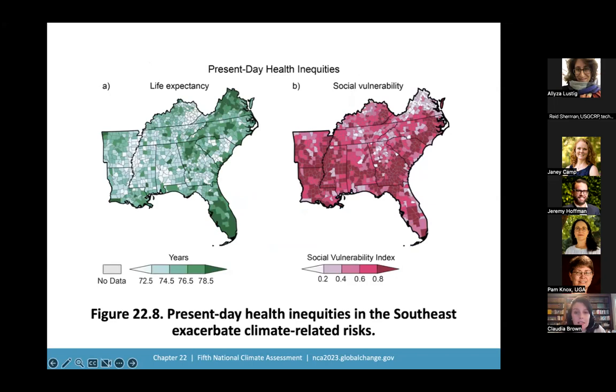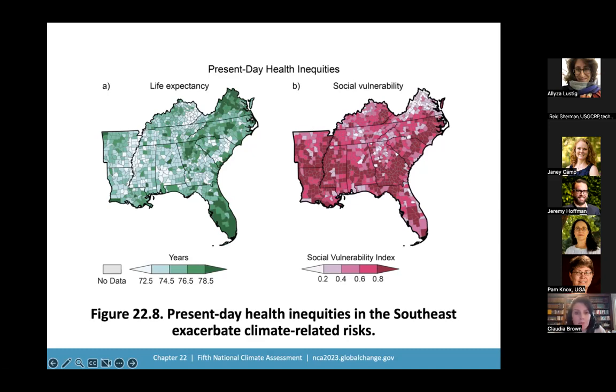Southeasterners are consistently ranked among the unhealthiest in the nation, with shorter life expectancies than the rest of the US. And there is considerable variation within the region, as you can see in these maps. The map on the left demonstrates life expectancy in the Southeast, and the map on the right is estimating social vulnerability, which is based on information such as poverty, crowded housing, older populations, and lack of access to transportation, all of which may diminish a community's resilience to stressors which are made worse by climate change.